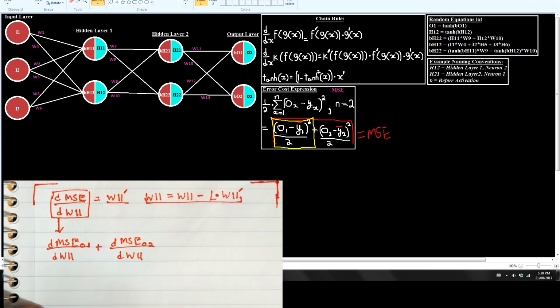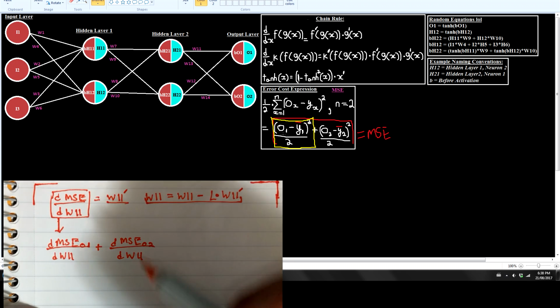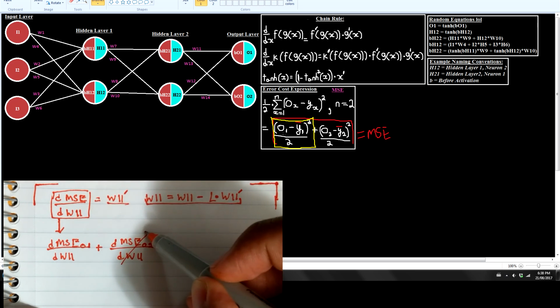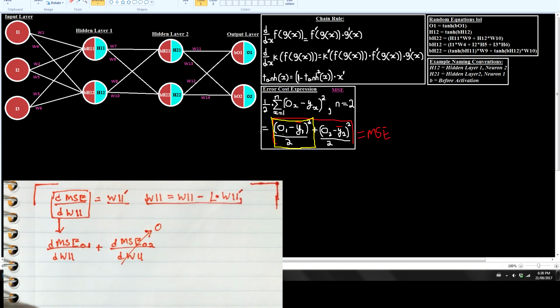Well, just by looking at the little diagram, I can tell you right away that this expression will immediately go to 0. It's not even worth our time computing this, because you can just see it visually. Just look at it. W11 is connected to output 1. It is not in any way affecting output 2 at all.